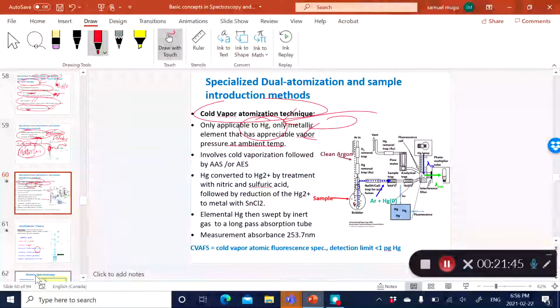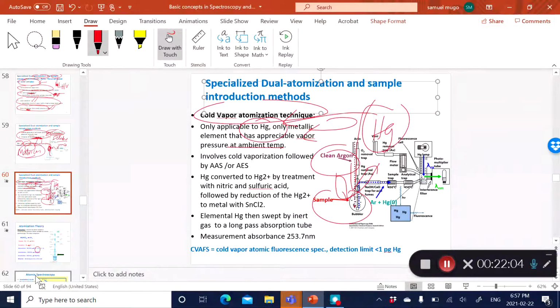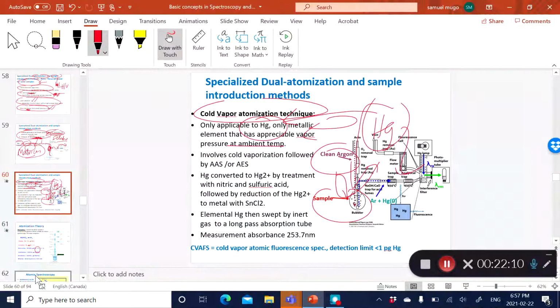And because of that, if you put the sample containing mercury in a volumetric flask, for example, and then you've got argon gas aerating the sample, the argon is gonna carry the mercury vapor into the detection system, and so on.